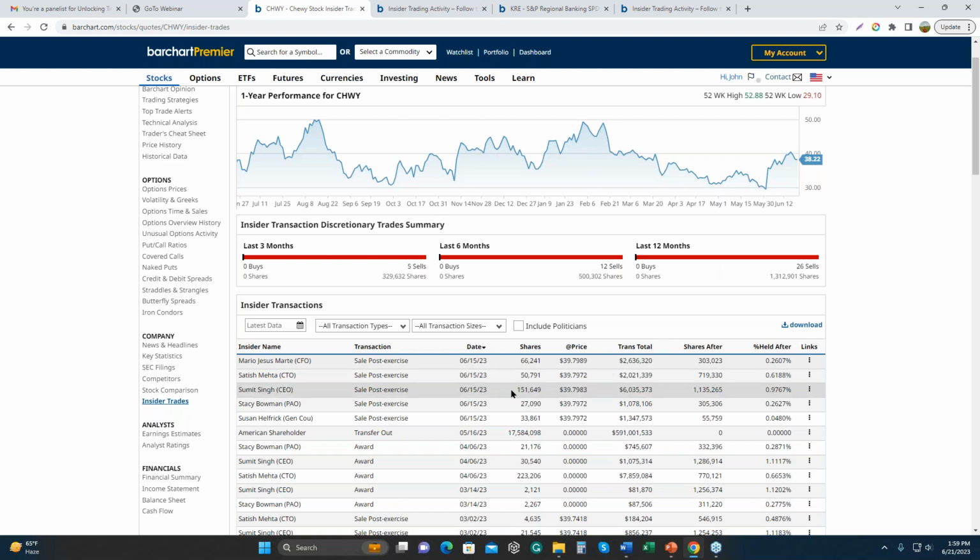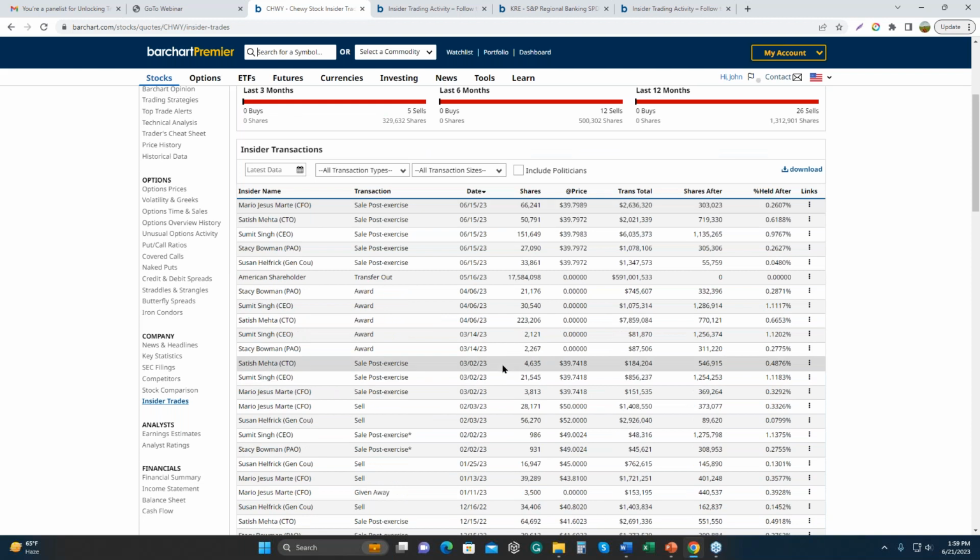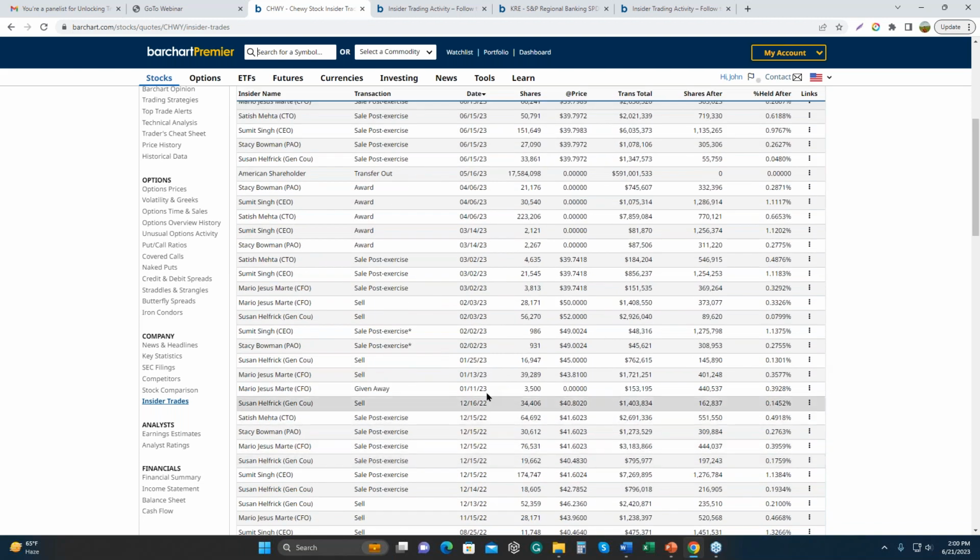But I'm going to tell you, I put on my calendar the first week of December, and I'm going to look at this stock in anticipation that when their December 15th window opens up for these same corporate individuals, there's a more highly likely probability that they're going to exercise their options and sell. So I might front run these guys and take advantage of that information. So Zach, great question, and I hope you appreciate this timely information.